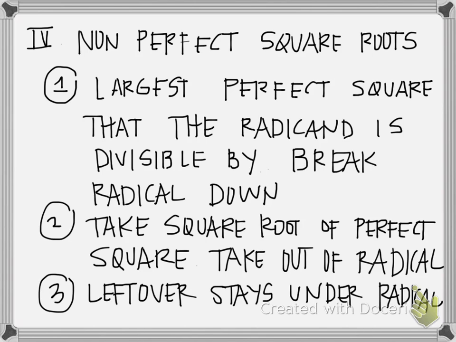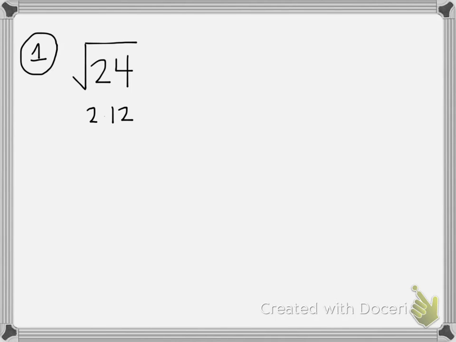All right, let's do an example. So let's find the square root of 24. Okay, so square root of 24 is what? 2 times 12, 3 times 8, 4 times 6. So 4 out of this is the only perfect square.